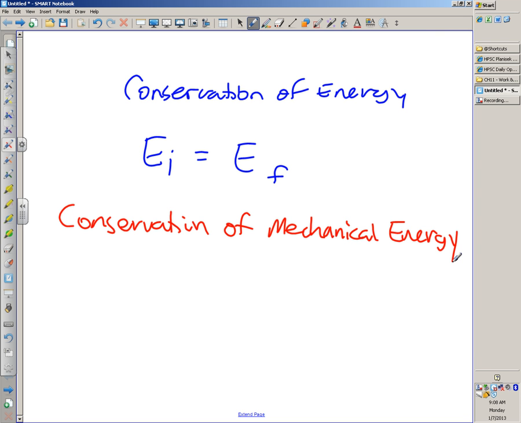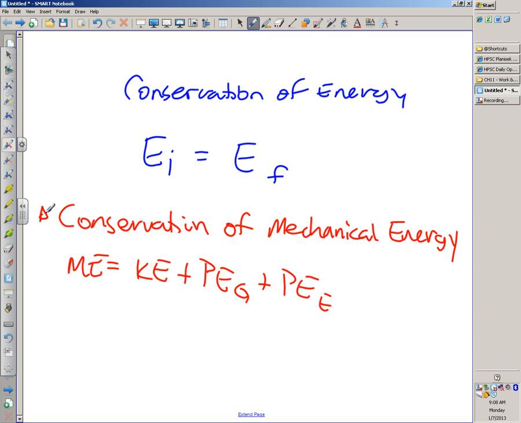The sum of kinetic and gravitational potential. There's also another one in there, elastic potential, but we didn't really talk too much about that. But mechanical energy is defined as kinetic energy plus gravitational potential energy plus elastic potential energy, right?